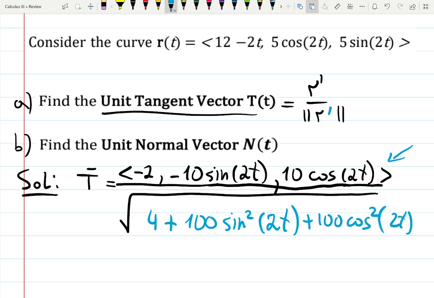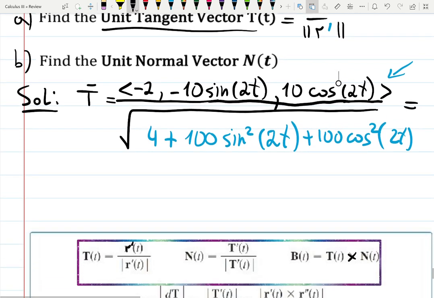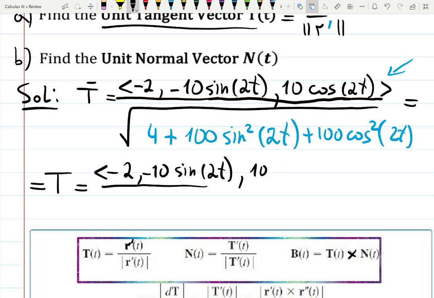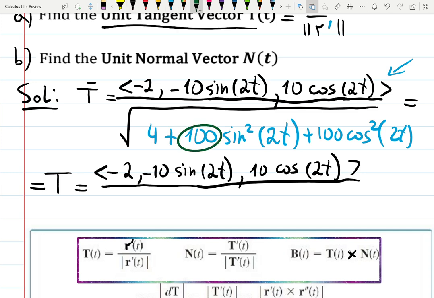And now I definitely remember that I used this vector before in some other video, because you can factor out 100. So the numerator stays: minus 2, minus 10 sine of 2t, 10 cosine of 2t, like so. And in the denominator, I will factor out 100.